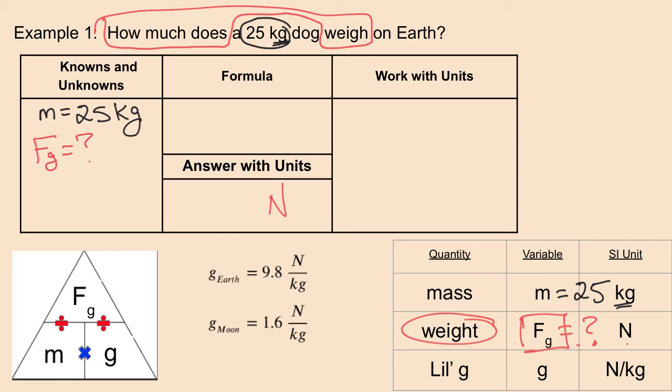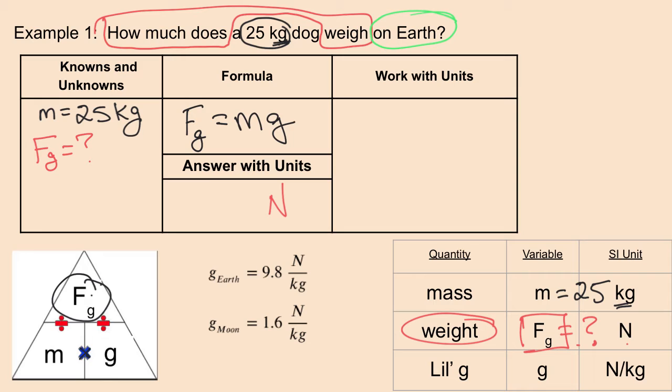Okay, so just sort of looking ahead, if we're trying to figure out what our equation is that we're heading towards, we have Fg equals m times g. So I'm just going to write that up here and see where we are. All right, I have m, but I am looking at this question and it does not tell me what the value of g is, but it does have some other information, and it's telling me that it's on Earth.